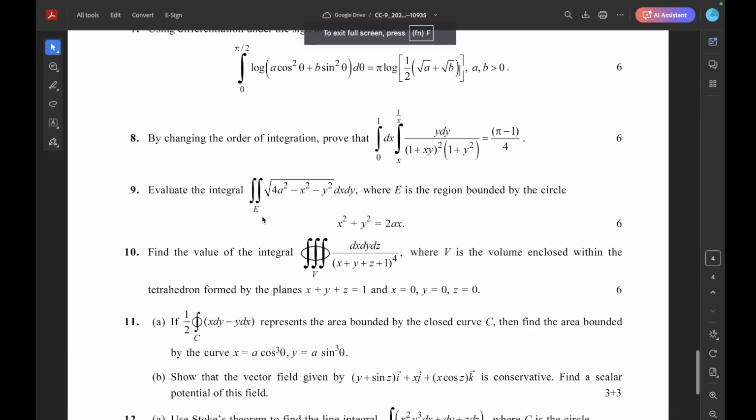Question 9. Evaluate the surface integral over E of the square root of 4a square minus x square minus y square dx dy, where E is the region bounded by the circle x square plus y square equal to twice ax.